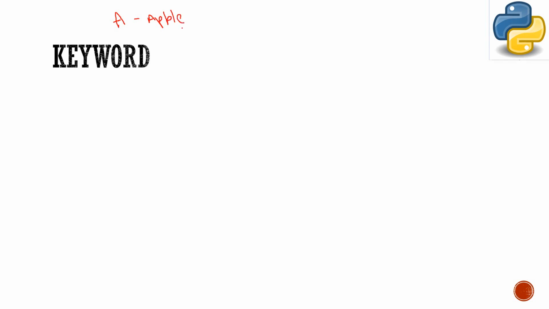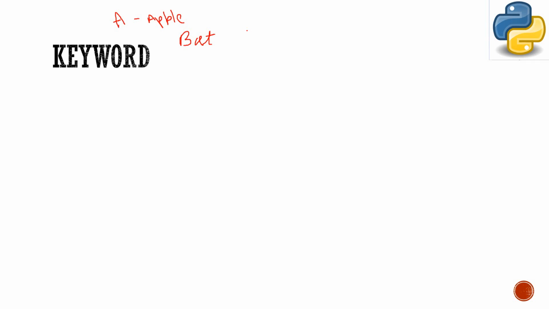We learned this in our earlier junior classes. These are the predefined words in our language that have a special meaning. Same case in Hindi. If I say din, raat, nahi, jana, what are these? These are words which are already predefined.